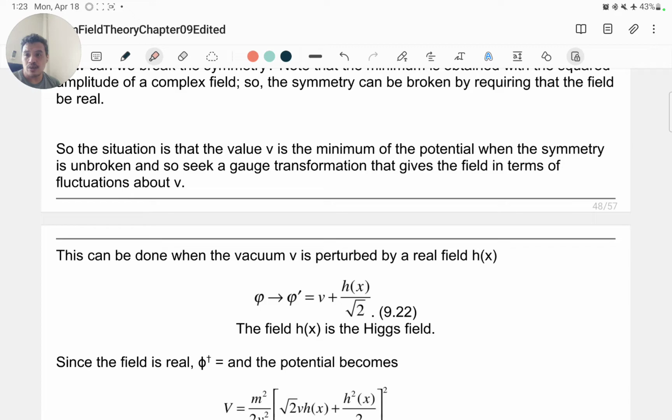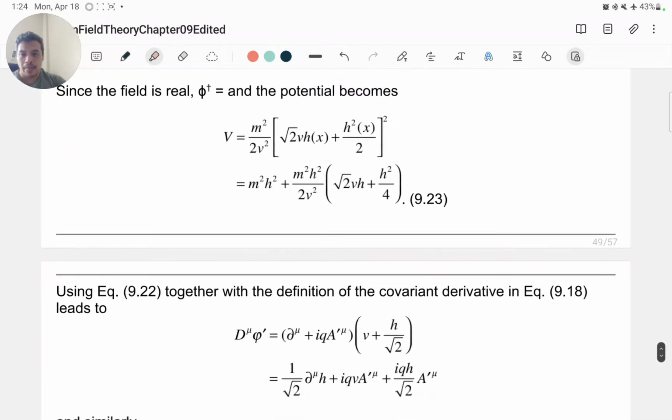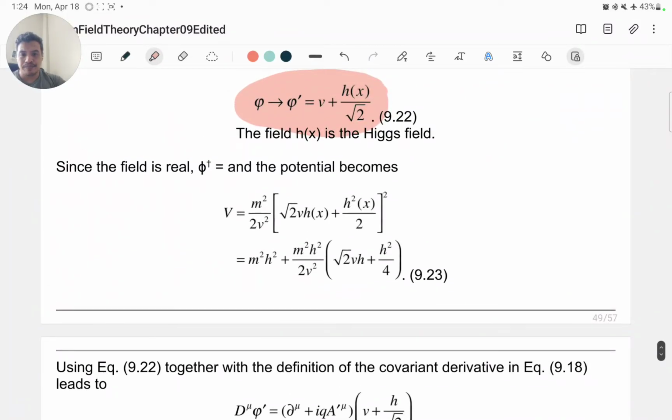That would be the fluctuating field about the minimum here, just like what we did in the previous discussion, I mean, previous to this discussion, in the spontaneous symmetry breaking. Since of course phi adjoint is real, the potential becomes just this form.